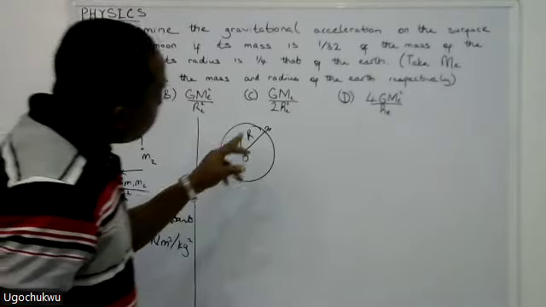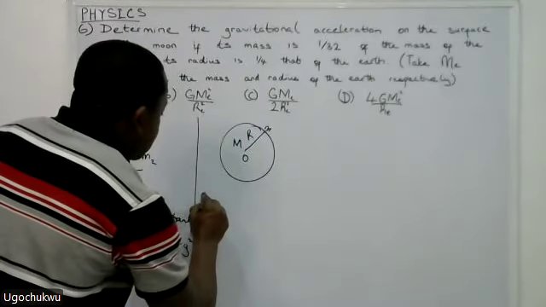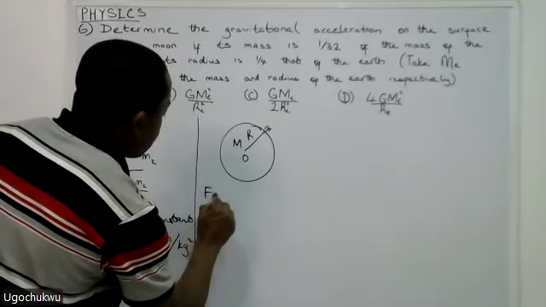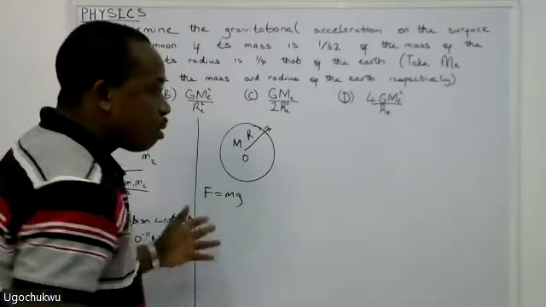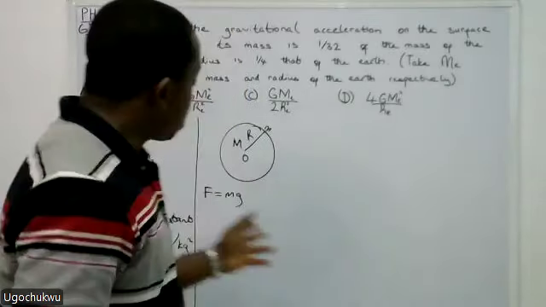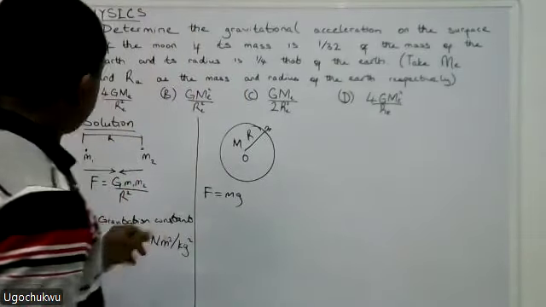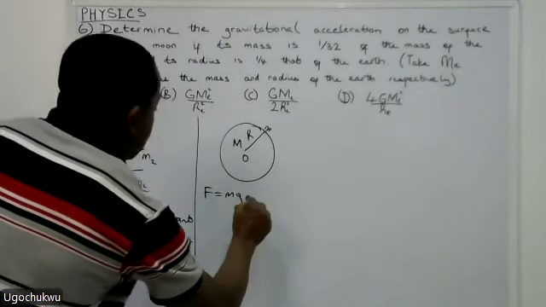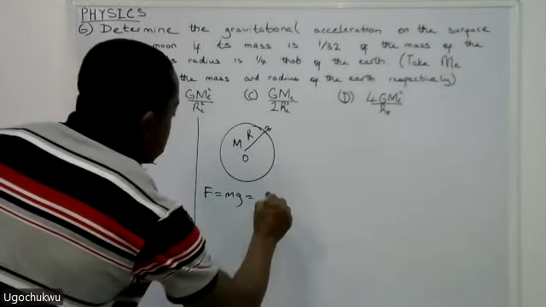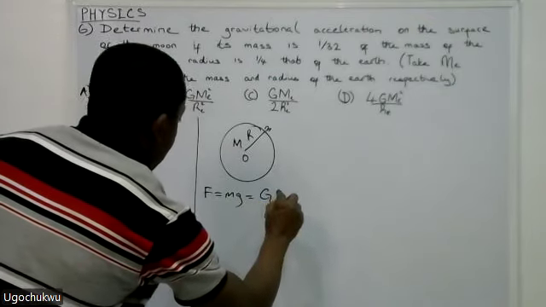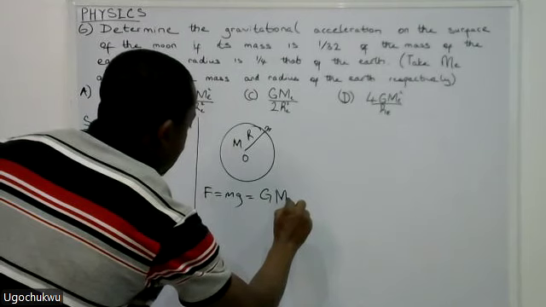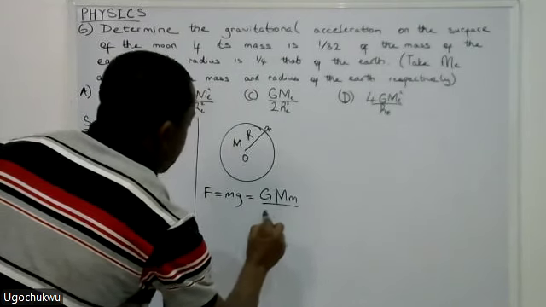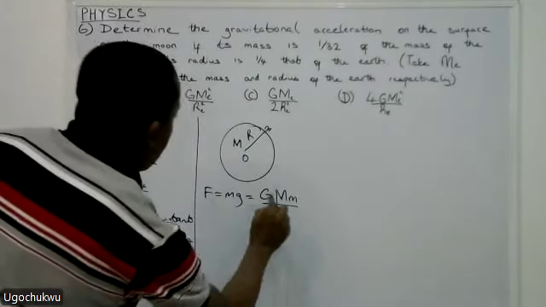But then, for a body on the surface of the Earth, we know that the force on that body will be mg, right? Force, mass and acceleration. This is mass and acceleration due to gravity. But from Newton's law of gravitation, we can also say that this force is G times the mass of the Earth, times the mass of the body, all over r squared.